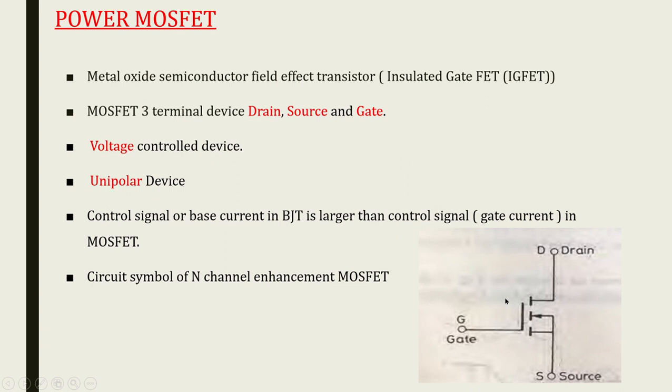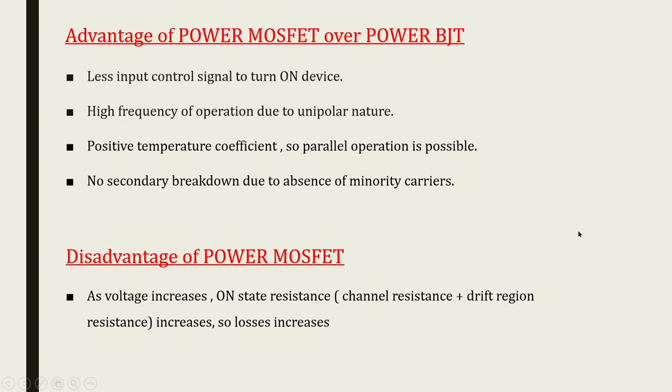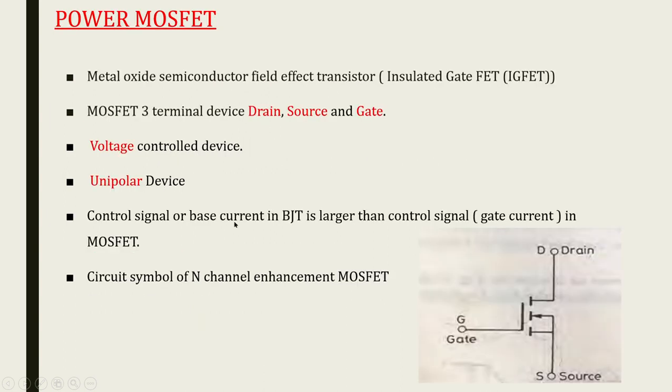Now coming to the next slide, the advantages of power MOSFET over power BJT. One advantage is less input control signal to turn on the device, which we discussed in the last slide. Control or base current in BJT is larger than the control signal in MOSFET.